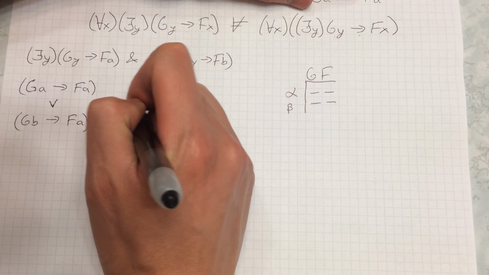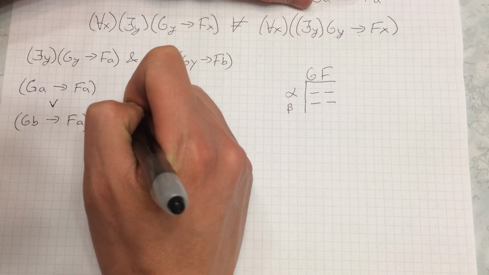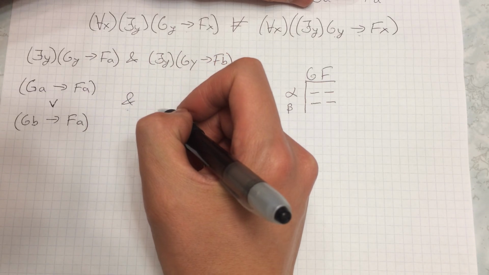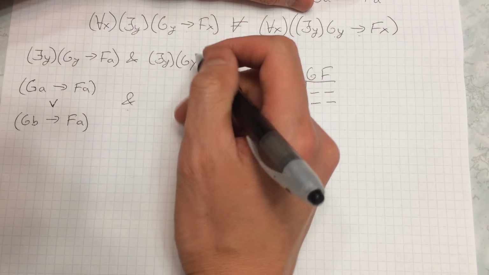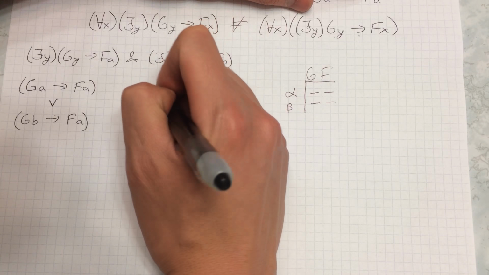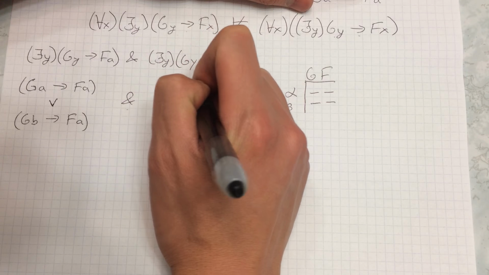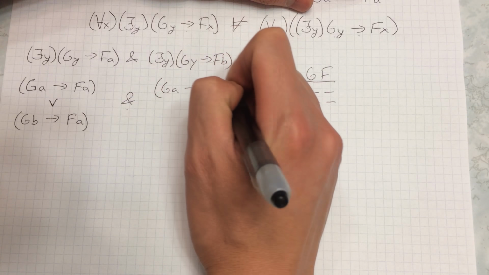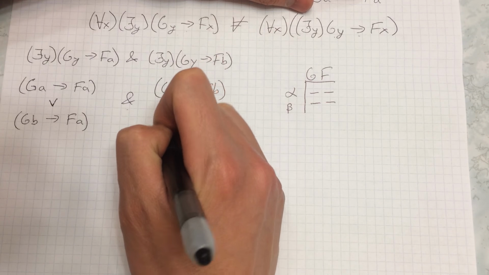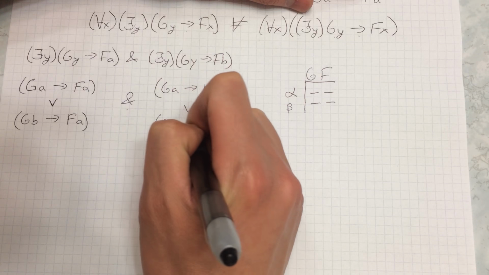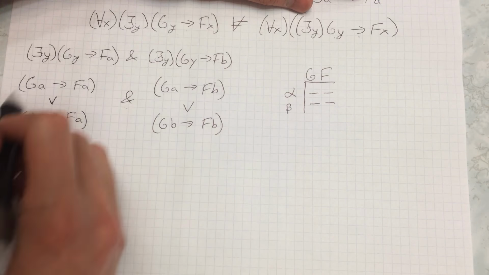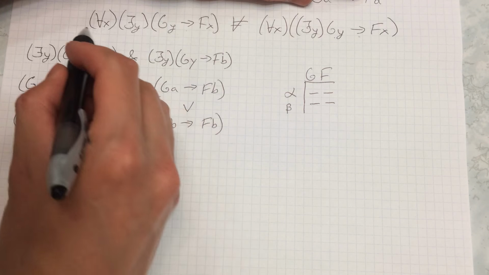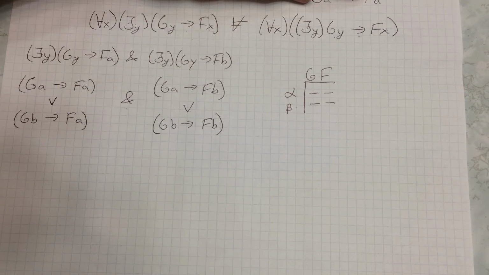Okay, and then the conjunction remains the main connective, and then we understand this in the same way: GA arrow FA or GB arrow FB. Okay, so this is the full analysis or full breakdown of the premise with two objects.